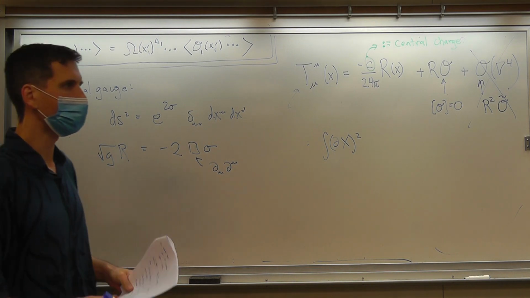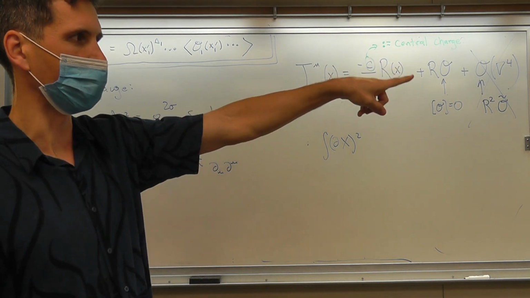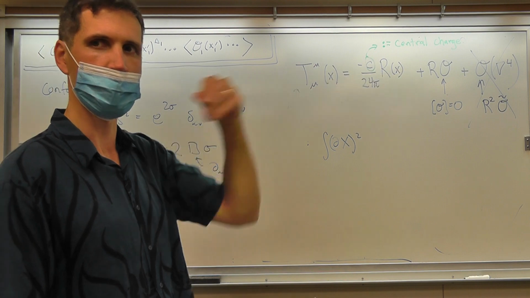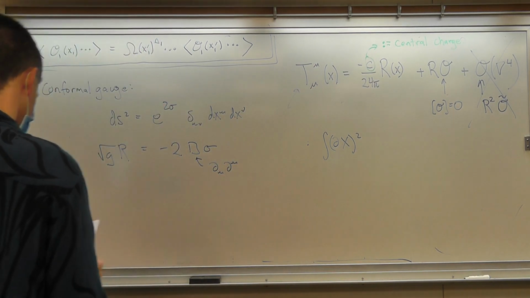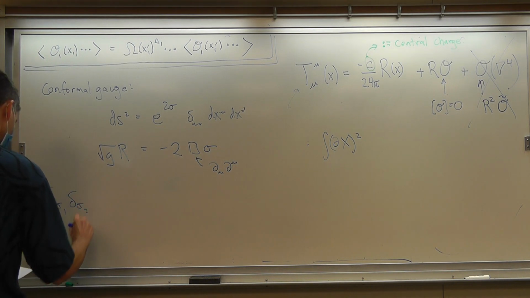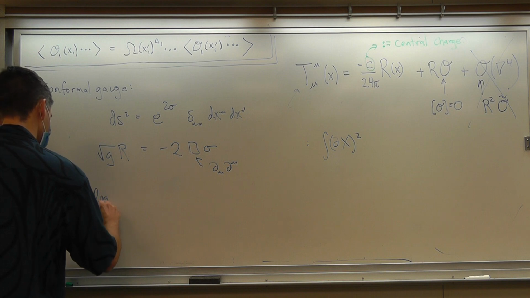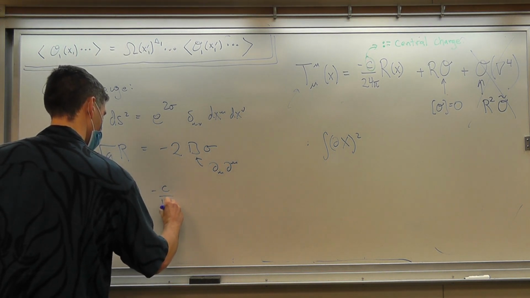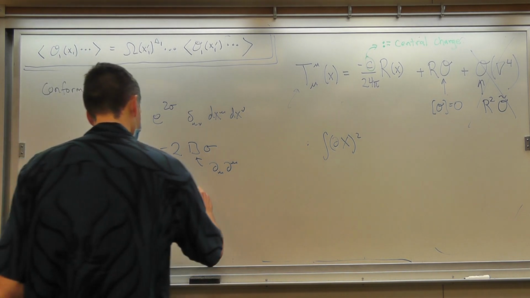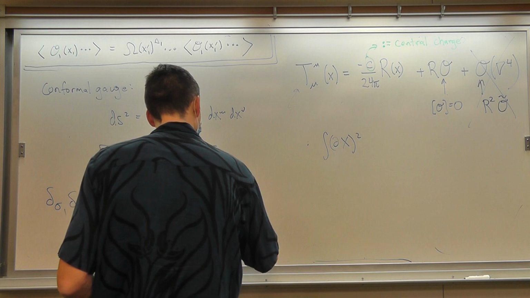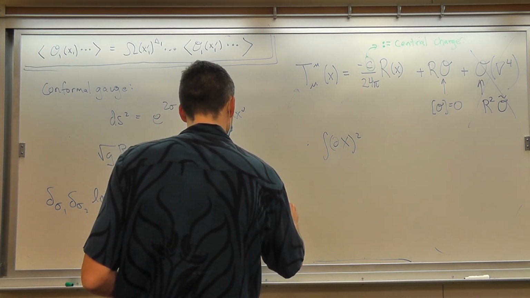So now we're going to take the second variation of log Z by acting on a first variation with another variation. And what we get immediately is delta sigma 1, delta sigma 2, log Z is minus c over 12 pi integral d2x sigma 1 box sigma 2.